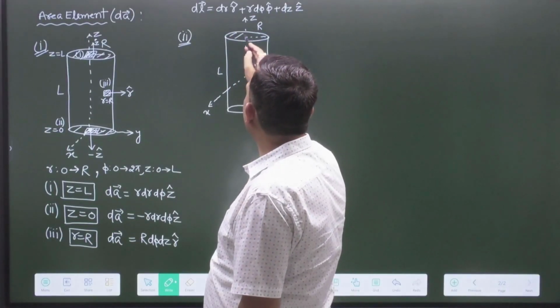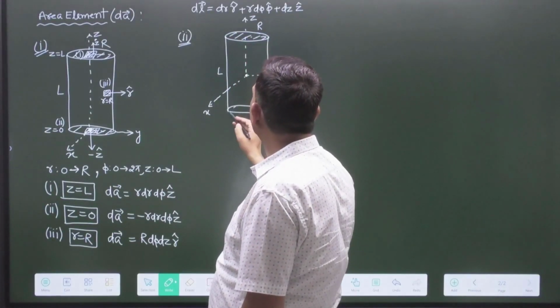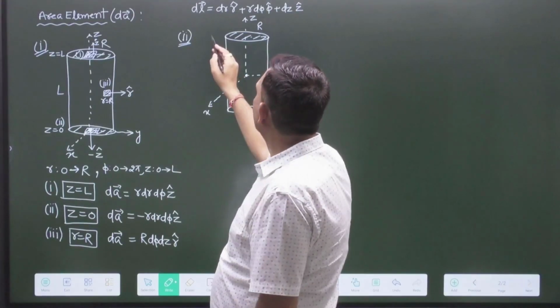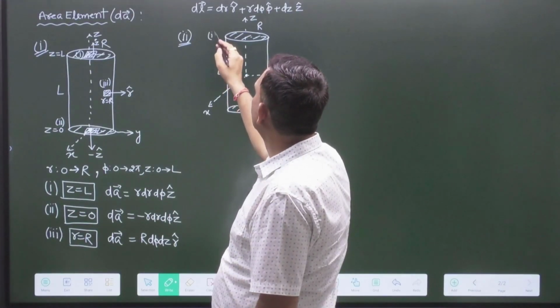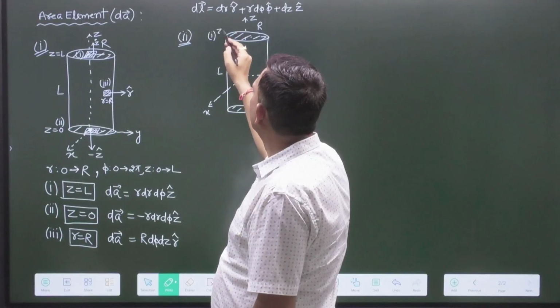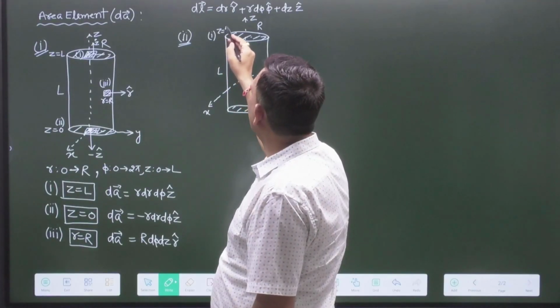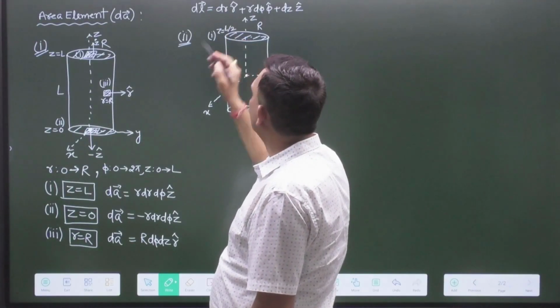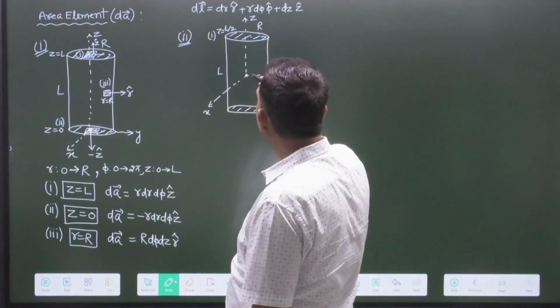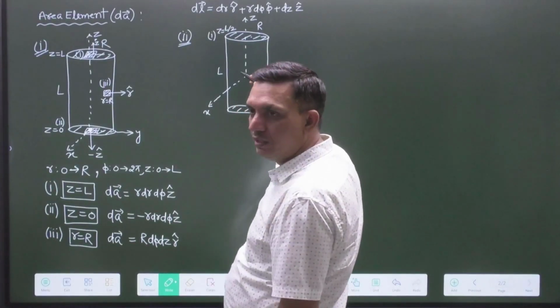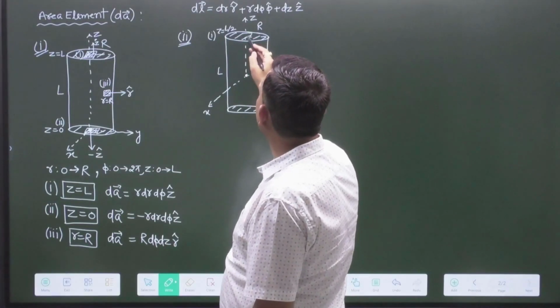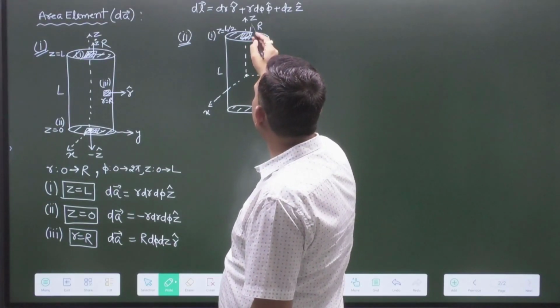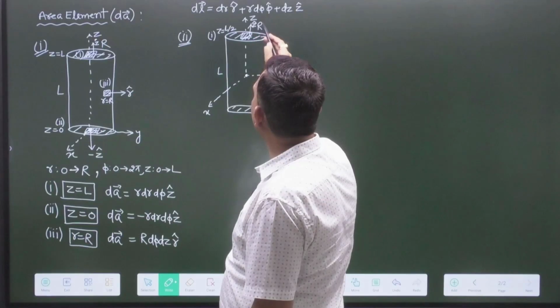Again, this is surrounded by three surfaces. Now surface 1 is z is equal to L by 2, since we now have to see with respect to the origin. The area element will be the same, direction is z cap.